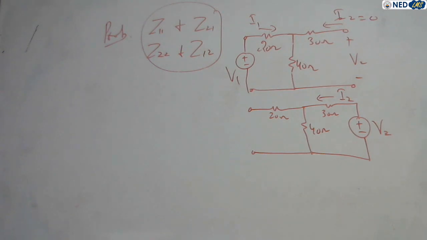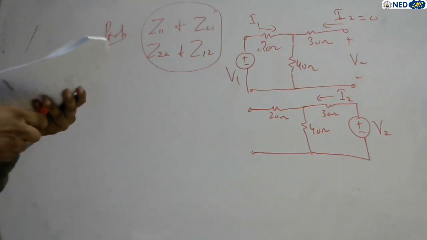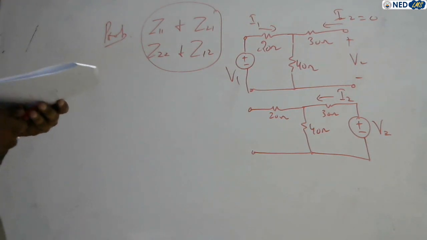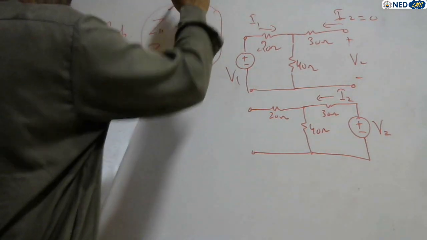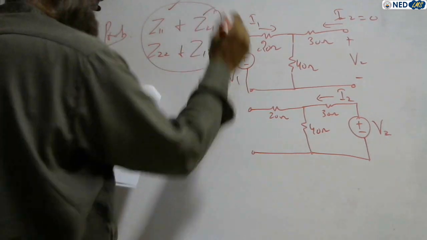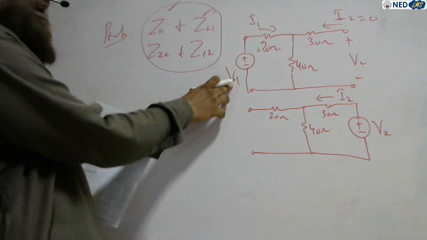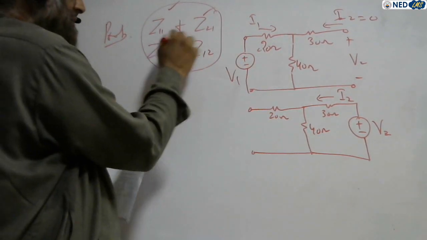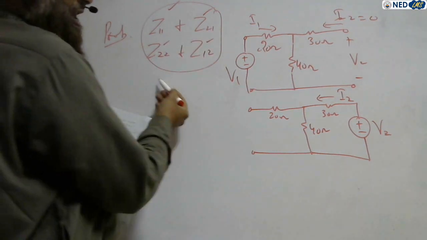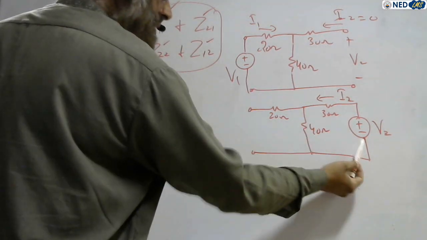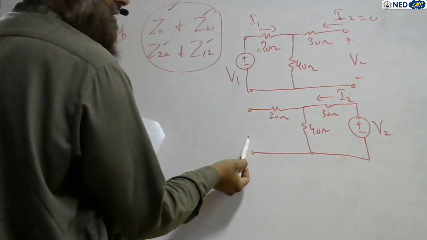For the calculation of Z11 and Z21, we connect the voltage source at the input terminals. For the calculation of Z22 and Z12, we connect the voltage source at the output terminals and leave the input terminals open circuit.